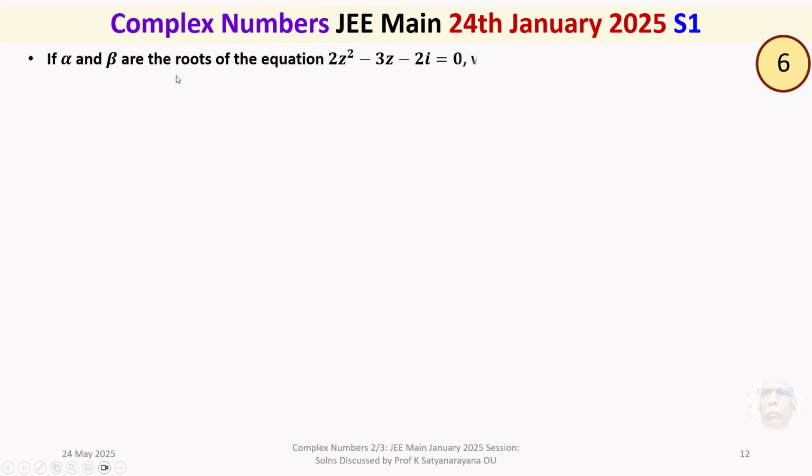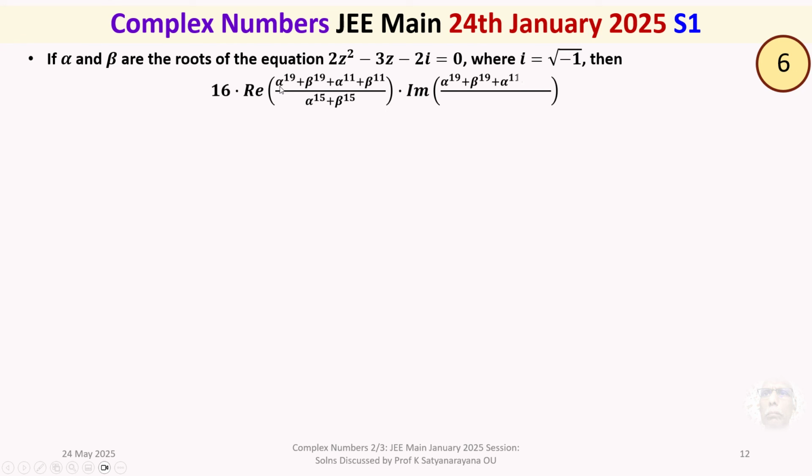If alpha and beta are the roots of the equation 2z square minus 3z minus 2i equal to 0, where i is the imaginary unit, the square root of minus 1, then 16 times the real part of alpha to the power of 19 plus beta to the power of 19 plus alpha to the power of 11 plus beta to the power of 11, whole by alpha to the power of 15 plus beta to the power of 15, multiplied by the imaginary unit, is equal to.